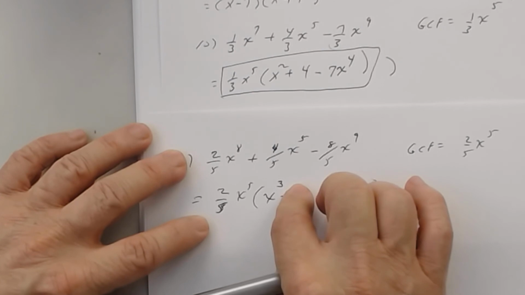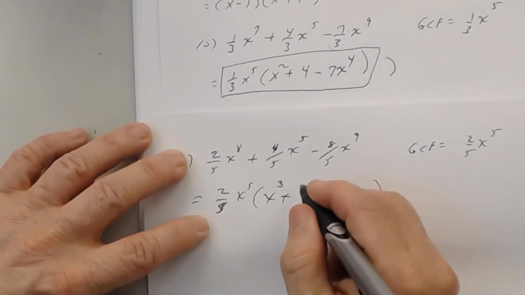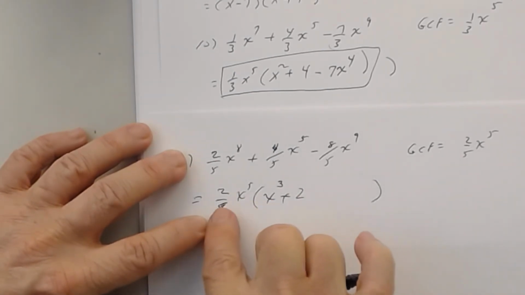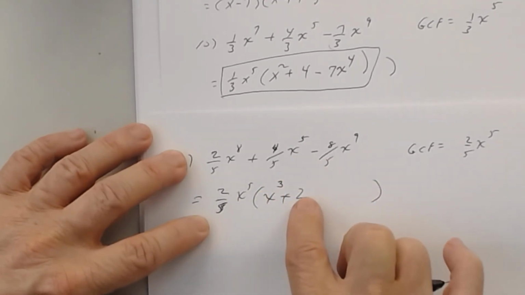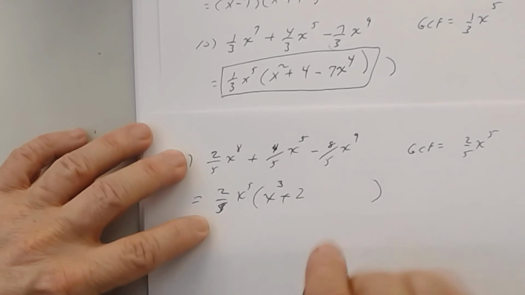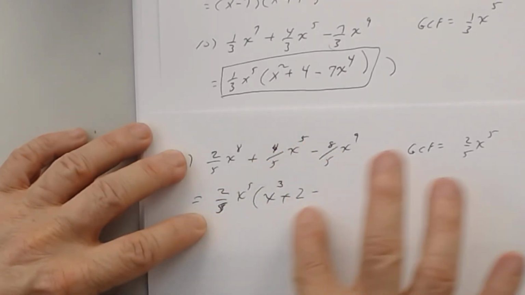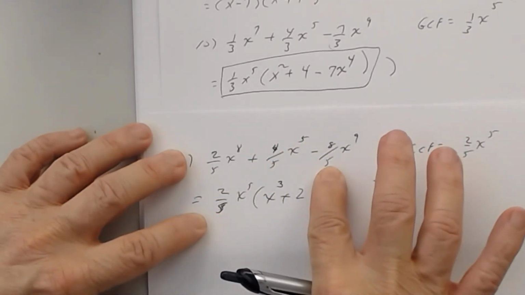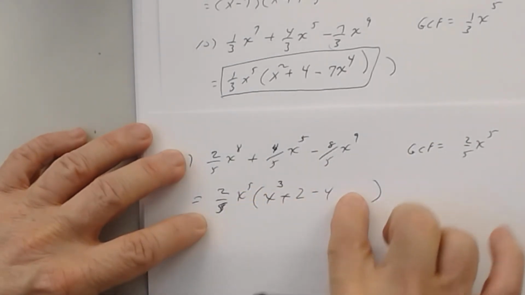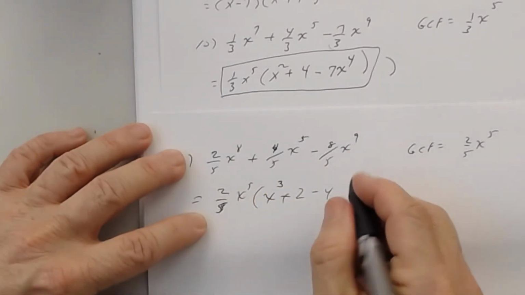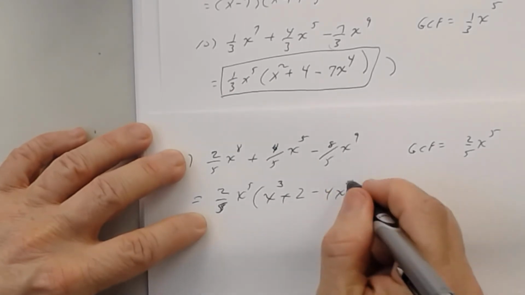What do you think I need? 2. Good. All right, now let's talk about the variable. Well, this is already x to the 5th and this was x to the 5th, right? So do I need a variable right here? No. Minus 2/5 times what is 8/5? 4. Okay, so I know I need a 4. X to the 5th times what is x to the 9th? X to the 4th. So there's your answer.